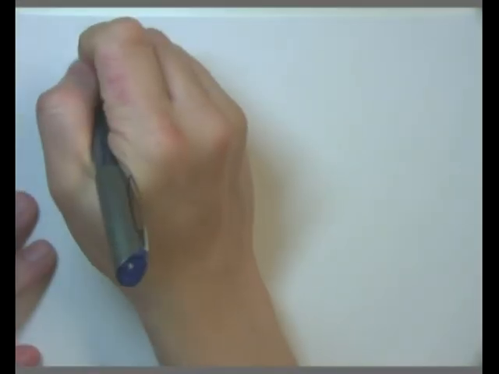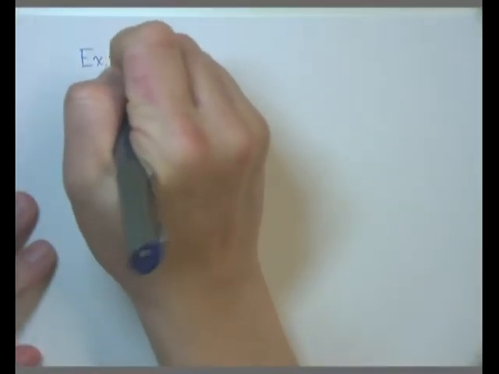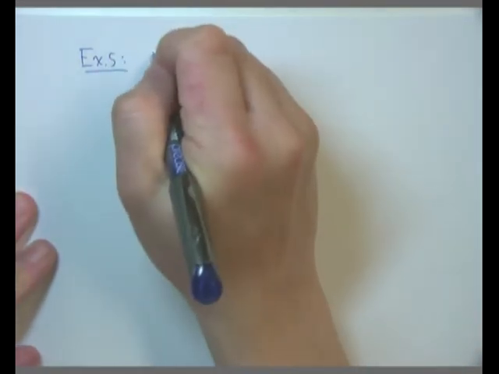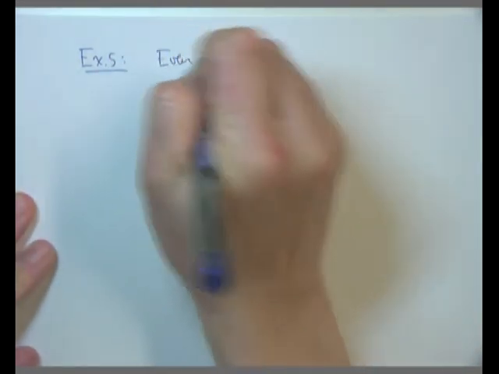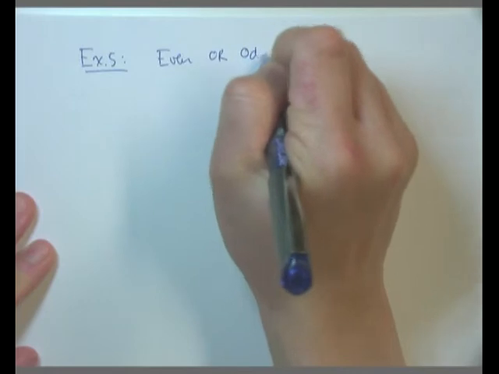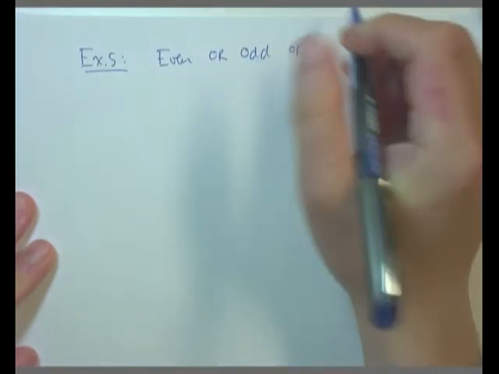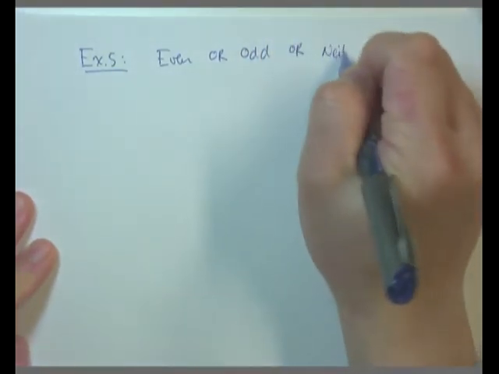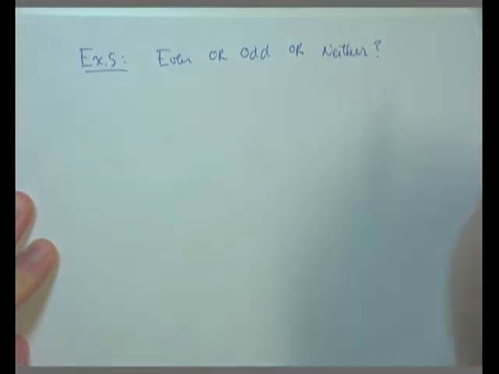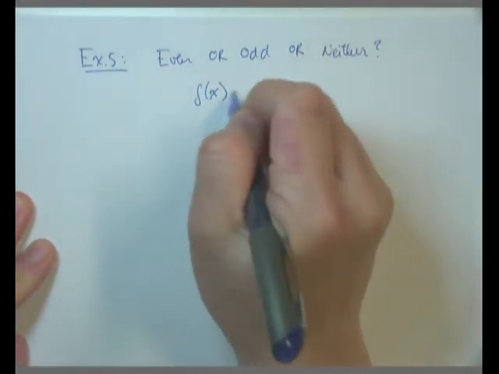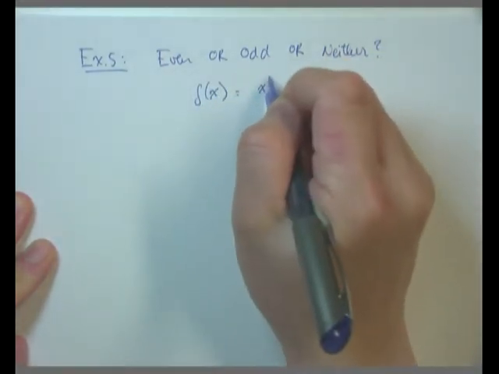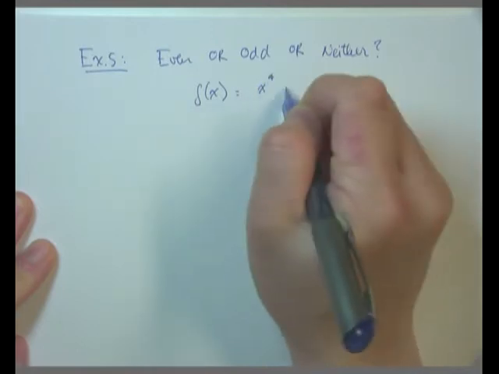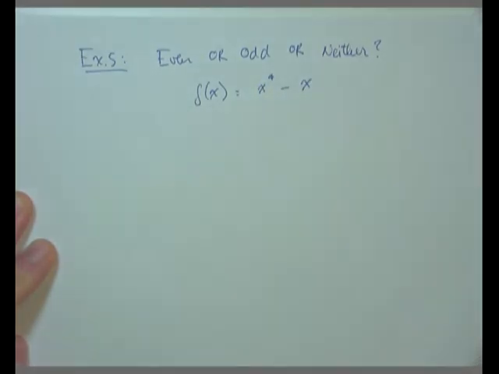So now in my example number 5, we want to determine whether this is going to be even, odd, or neither. The function I have here is x to the 4th power minus x.